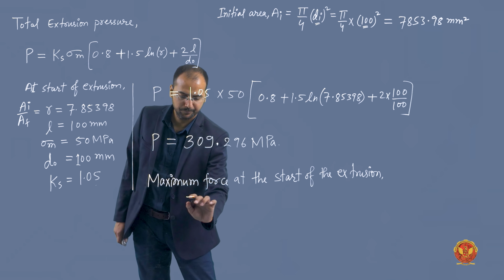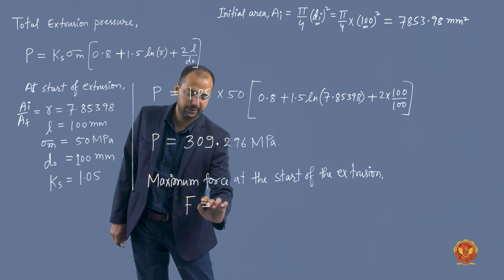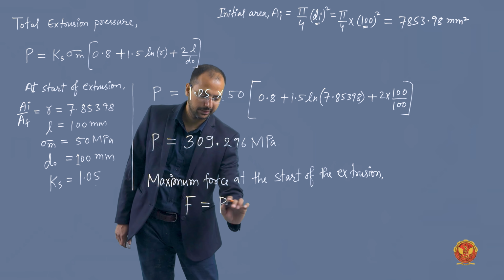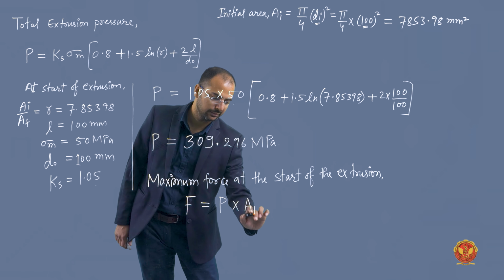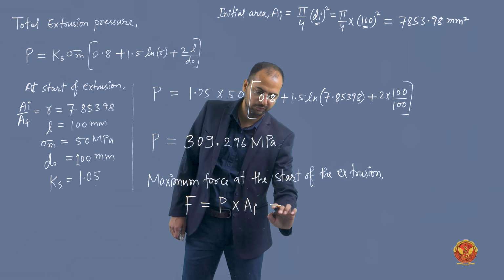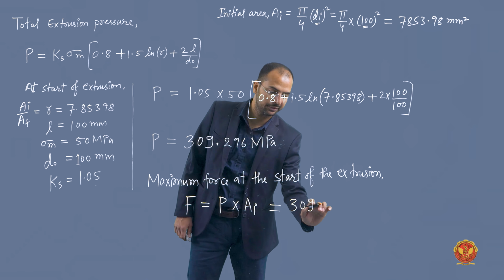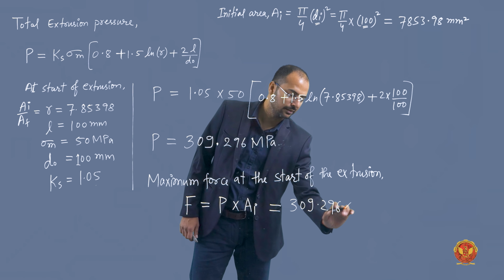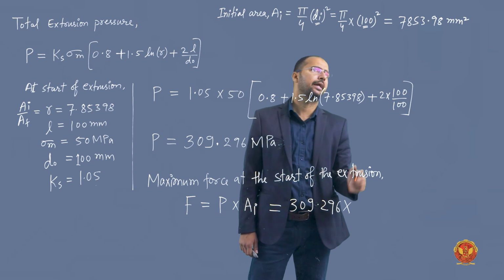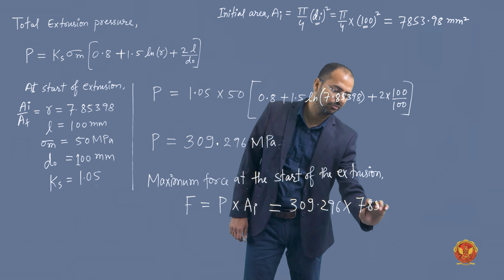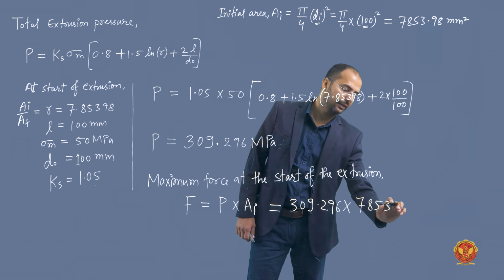So force will be equal to total extrusion pressure, that is P, into initial area AI. Pressure is 309.296 and initial area is 7853.98.